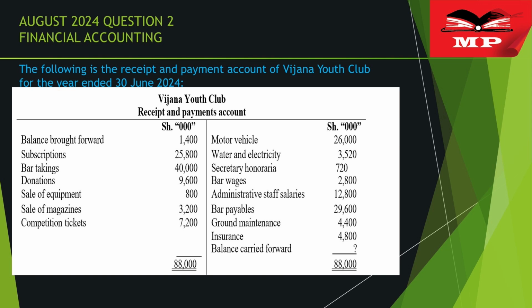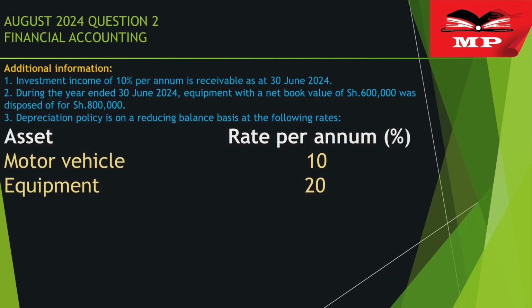Do you have any information on this sale? Yes, we read in note number 2 that during the year ended 30th June 2024, equipment with the net book value of 600 was disposed of for 800.